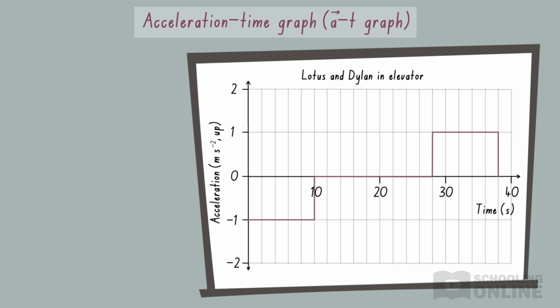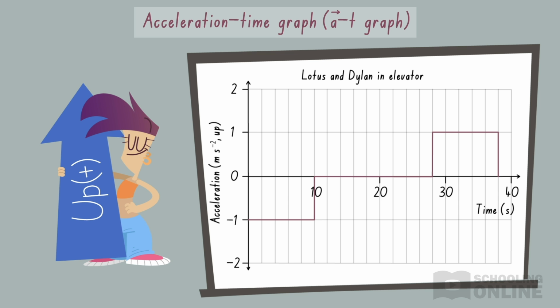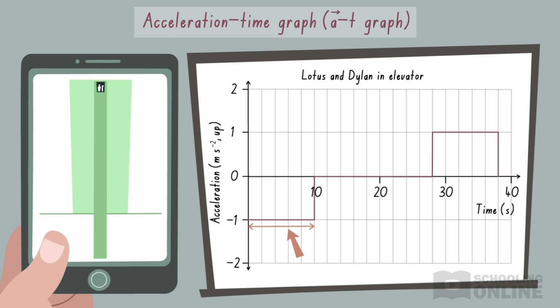This particular graph shows the motion of Lotus and Dylan in the elevator. Up is the positive direction, so down is negative. After the doors close, they accelerate at -1 metre per second squared up. The acceleration is negative because they speed up in the negative direction. Shortly afterwards, the lift stops accelerating.